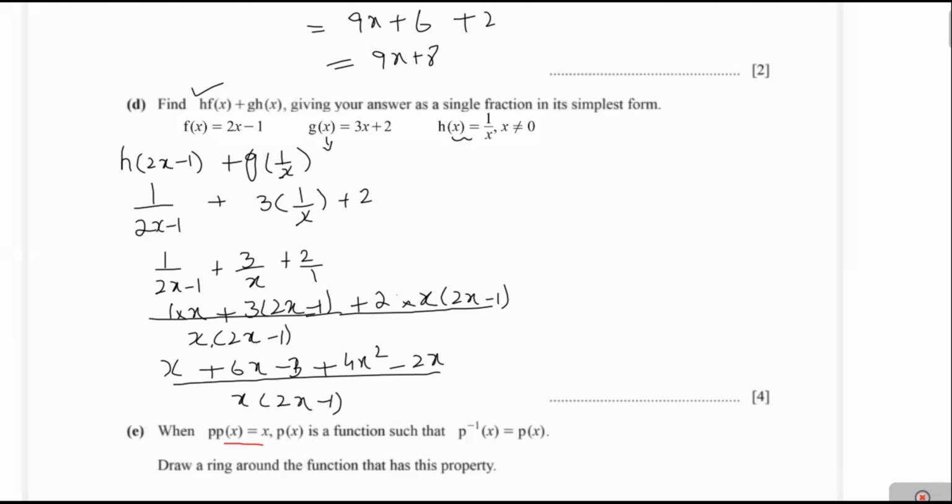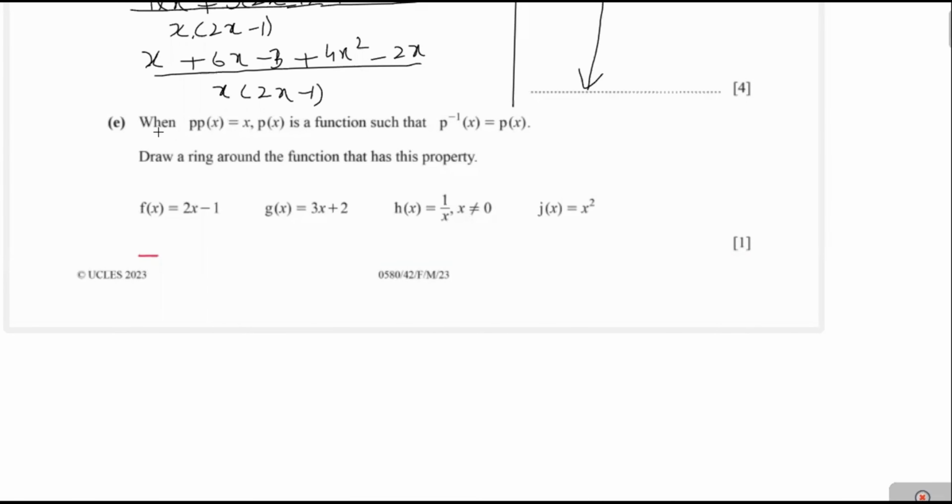Now we can write it as 4x squared plus 6x plus 1x, 7x minus 2x, minus 5x, and minus 3 over x into 2x minus 1.